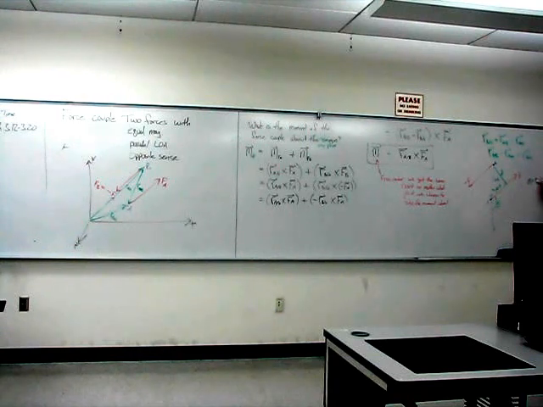If I switch the order of the F and the R here, I end up with F, R, sine, and there's a trig substitution that says the sine of theta is the same as the sine of 180 minus theta. Verify that one on your unit circle.